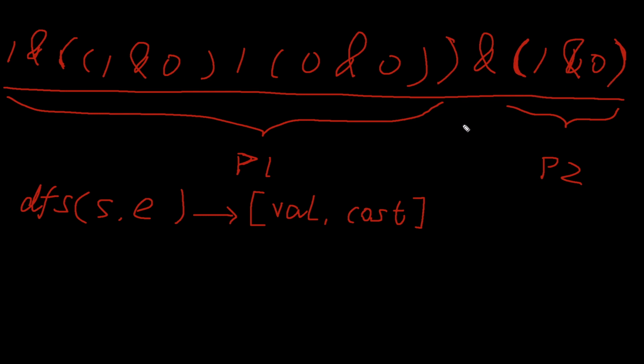But since we're using DFS, each time, how can we find the matching parentheses? Basically, we have to loop through starting from here, and keep a counter of the right parentheses.